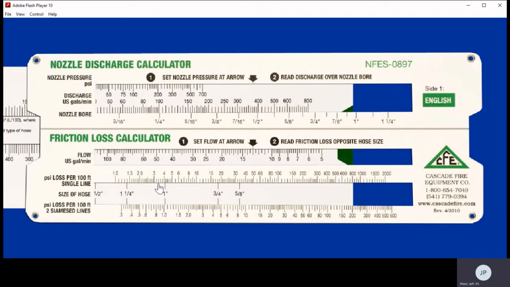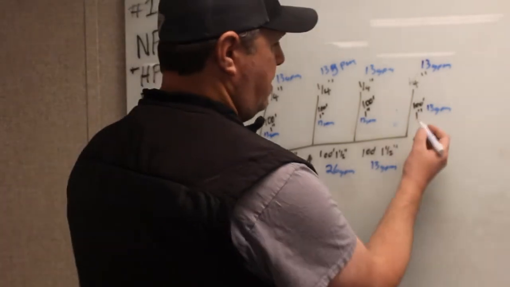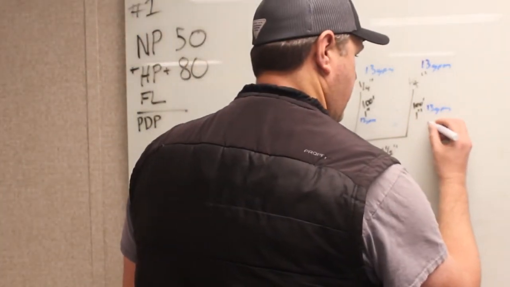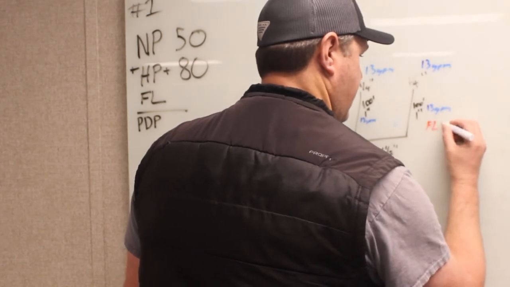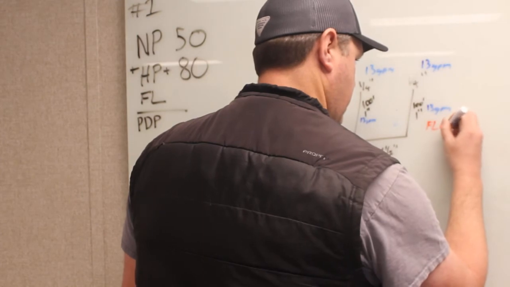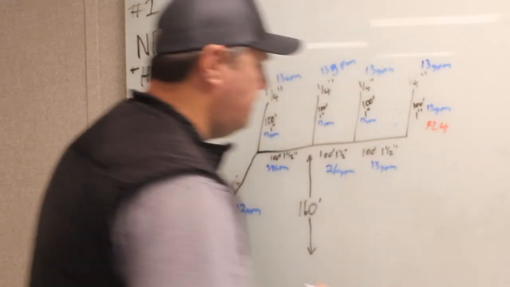I look at the top of the friction loss bar, which says PSI loss per 100 single line, and it says 4. Actually, this is a little more than 4, but I round that to 4 because we round to the nearest whole number. So I have 1 inch hose, 13 gallons a minute is 4 PSI friction loss. So I wrote FL4.